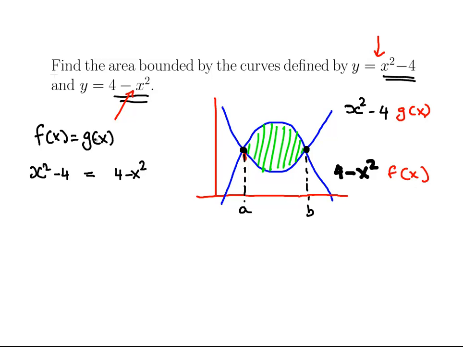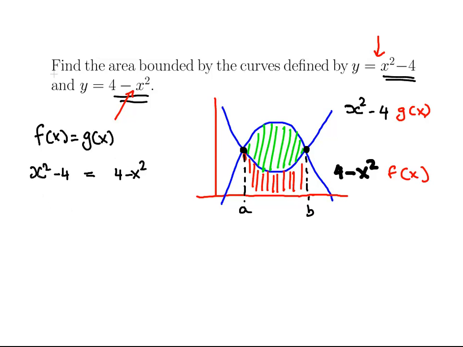The reason for that choice is that the area under g of x from a to b is this red area here, and it's less than the area under f of x, which is the red area and the green area, between a and b.